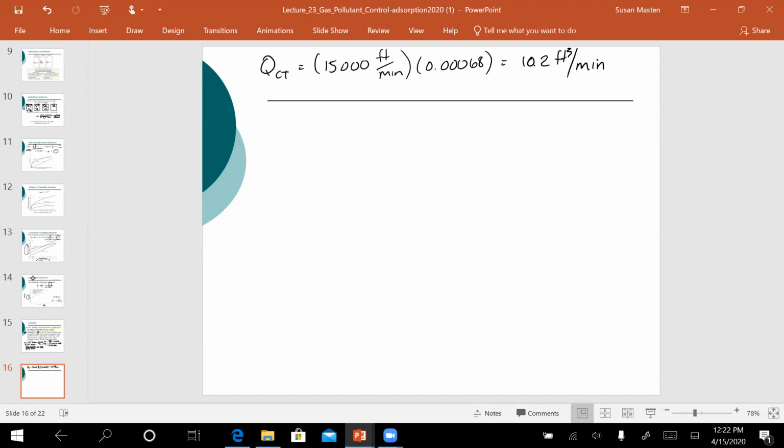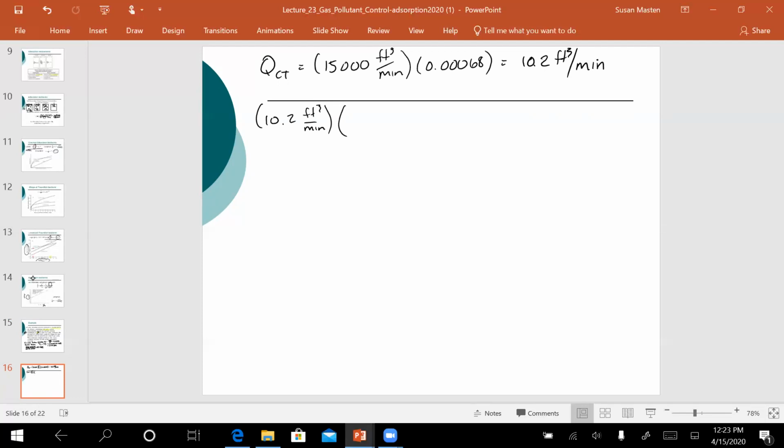Okay, so that's the flow rate. The 15,000 cubic feet per minute is the flow rate of the air, but it contains 680 parts per million of carbon tet. So we have 10.2 cubic feet per minute carbon tet.